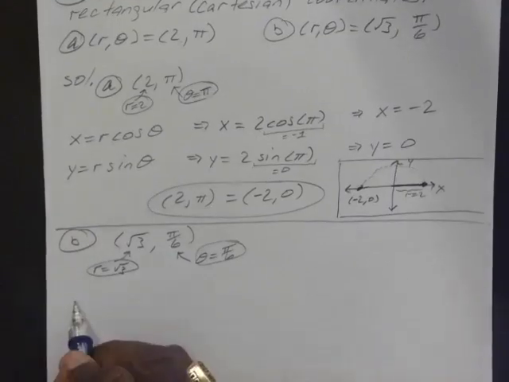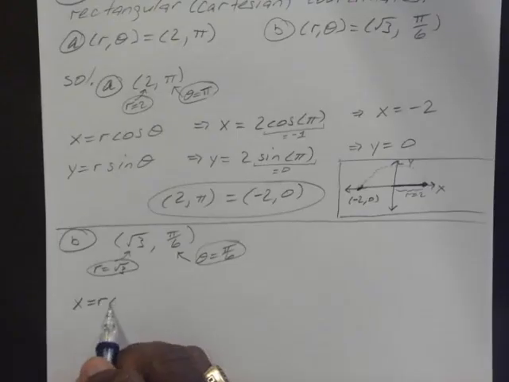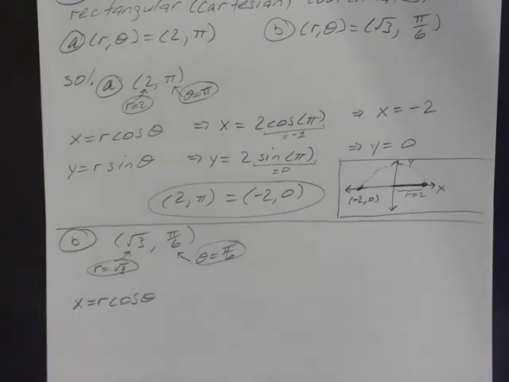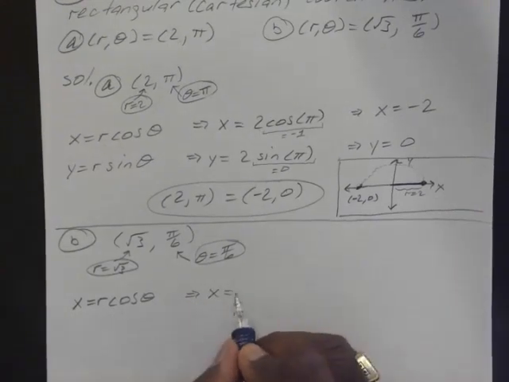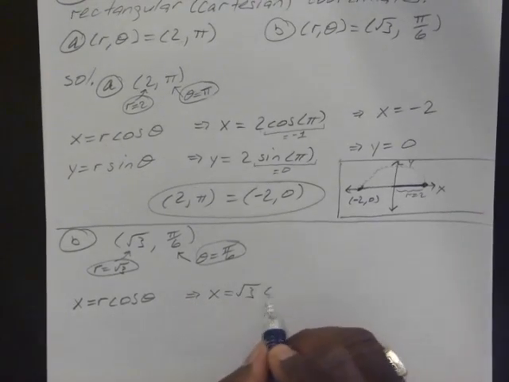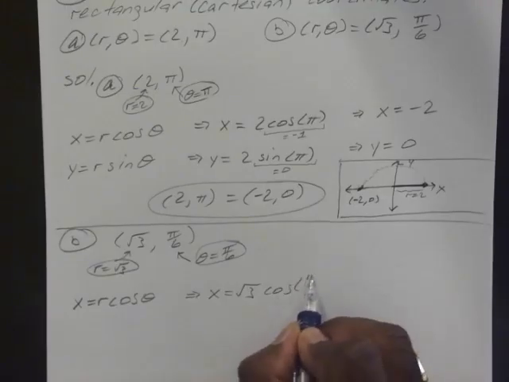Okay. So again, we know that x is equal to r times cosine of theta. Which means in this case, x will equal square root of 3 times cosine pi over 6.